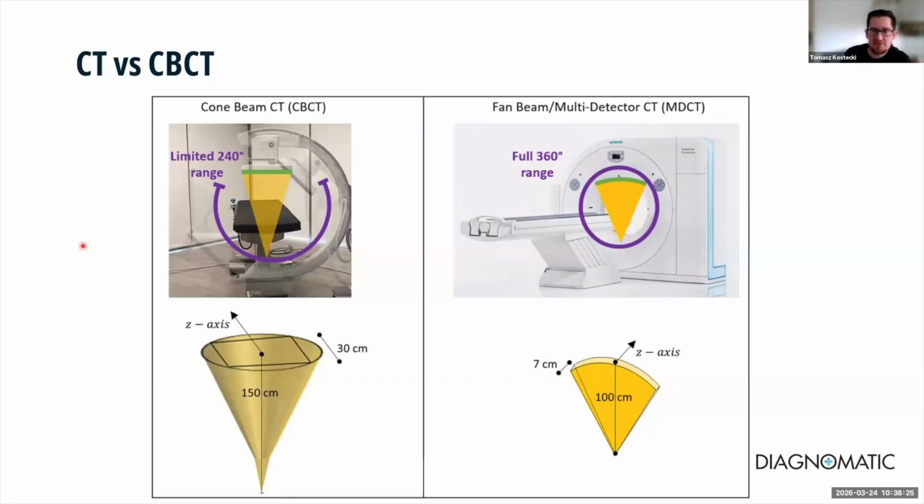I mentioned CBCT, but what is it exactly? In the standard CT scanner, the radiation is shaped in a fan, and in the cone beam CT, the radiation field is shaped as a cone.